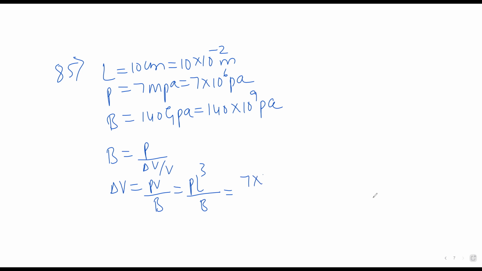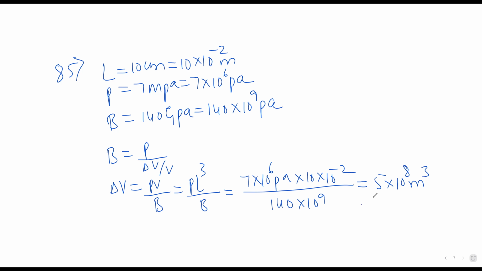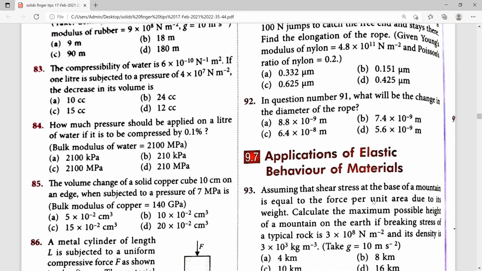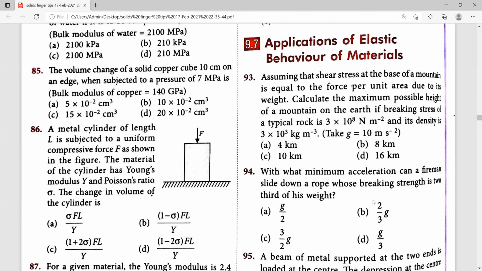So 7 into 10 to the power of 6 pascal into 10 into 10 to the power of minus 2 meter cube divided by 140 into 10 to the power of 9 ಅಂತ ಹಾಕೊಂಡು ಮಾಡಿದ್ರೆ we are getting 5 into 10 to the power of 8 meter cube. ಅಥವಾ ಇದನ್ನ ಹೆಂಗ್ ಬರಿಬಹುದು, 5 into 10 to the power of minus 2 centimeter cube ಅಂತಾನು ಬರಿಬಹುದು. So 85th one ಗೆ which one is the right answer? For 85th one, 8th one is the right answer.